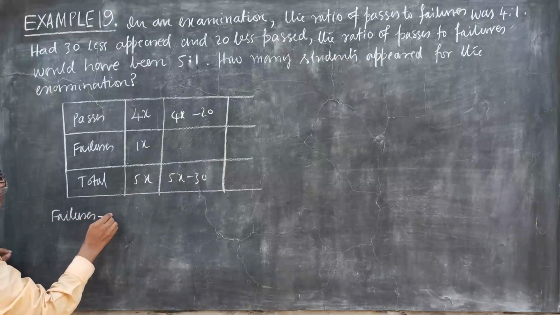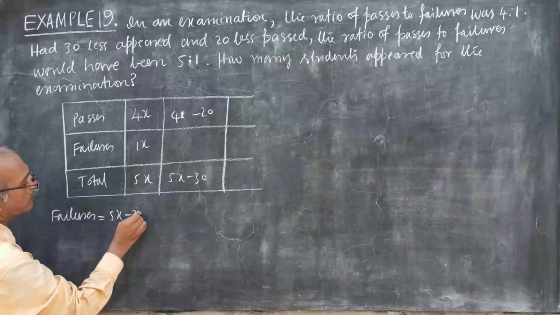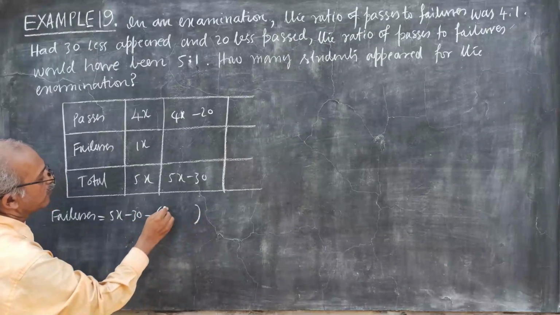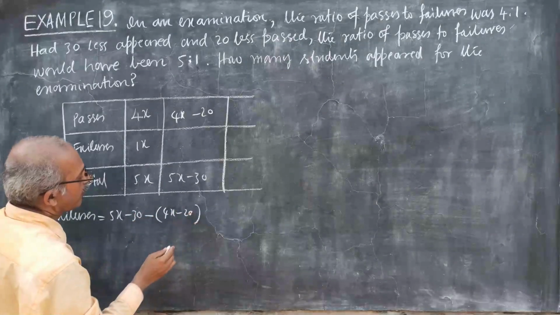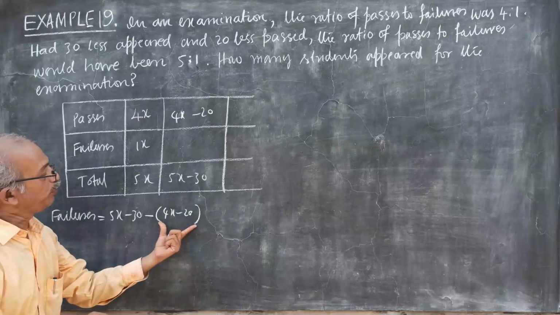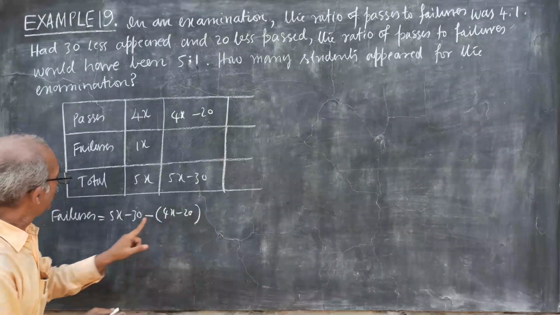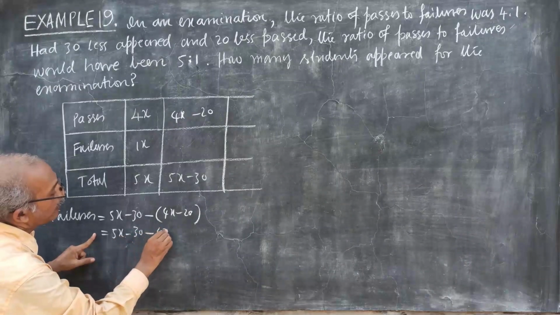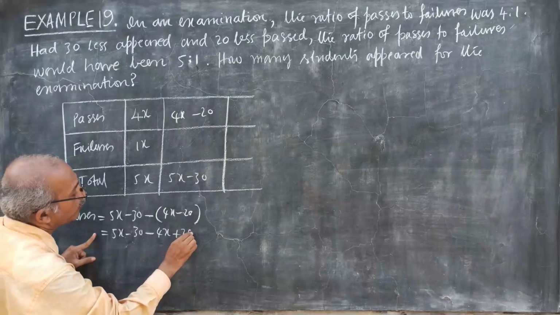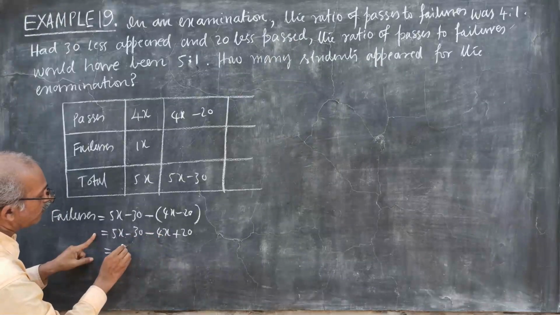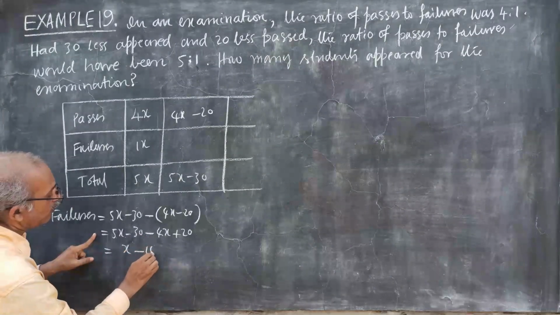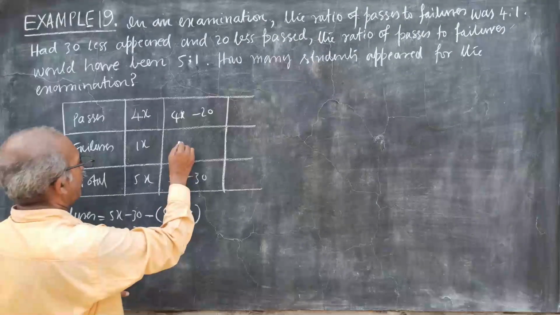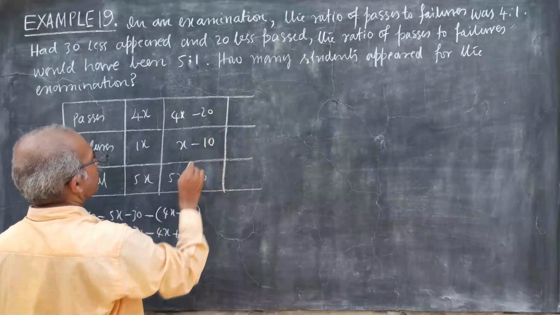Failures is equal to 5x minus 30 minus (4x minus 20). Please see that the bracket should be there because this is a compound expression. So this is equal to 5x minus 30 minus 4x plus 20. So 5x minus 4x is x minus 10. This is the failures, x minus 10.